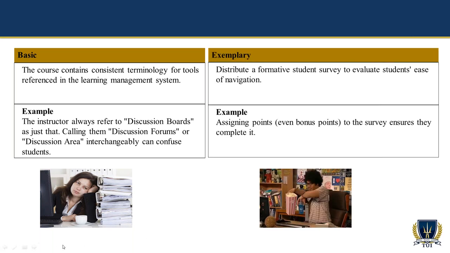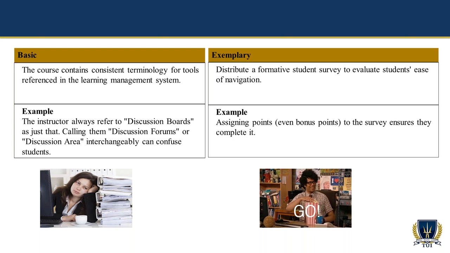An exemplary practice includes you seeking student feedback about their experiences with the course site and time to make adjustments. That means formative feedback. Some of the feedback is given at the end of the course through reflective essays, or through course evaluations that go out, but those are summative.